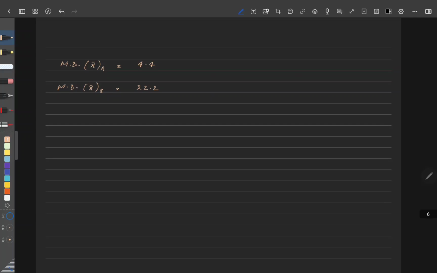But when you see the mean deviation of team A, which is 4.4, which is way smaller than the mean deviation of team B, in comparison, you can say that the data points of team A are more closely scattered around the mean. They are not far from the mean.